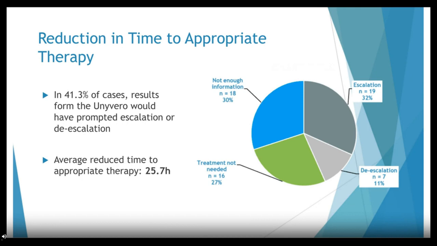When we talk about not enough information, about a third of these cases, it was either not enough information that we could find in the chart, or there was just not enough new information provided by the Univero in the sense that it supported the current therapy as well. But a good amount of escalation. So when we think about those patients who are being undertreated, this provided good evidence to put them on maybe some stronger drugs or more targeted drugs.